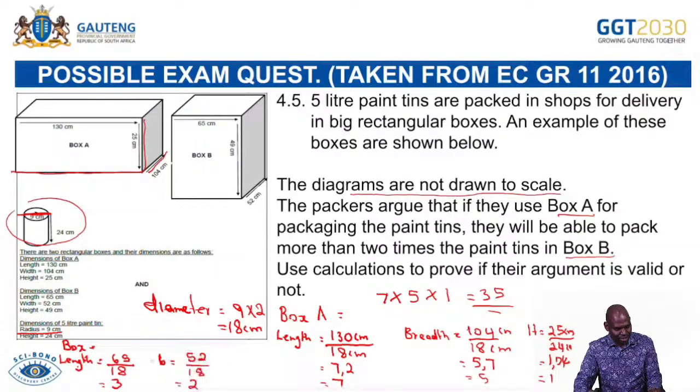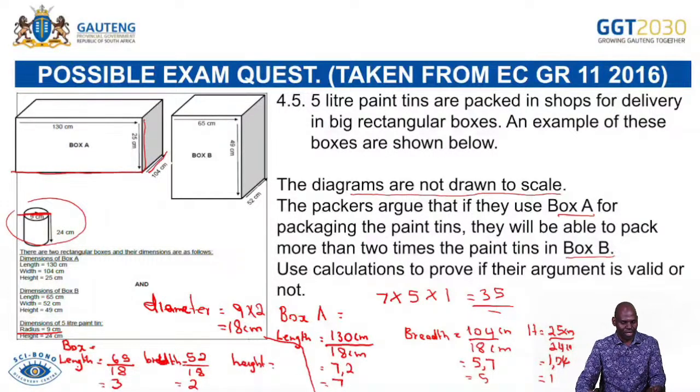And then for the height, remember this is the breadth. Okay, and then for the height, the height is 49. 49 divided by 18 is 2.7, but I'm not going to write 2.7, I'm going to write 2.